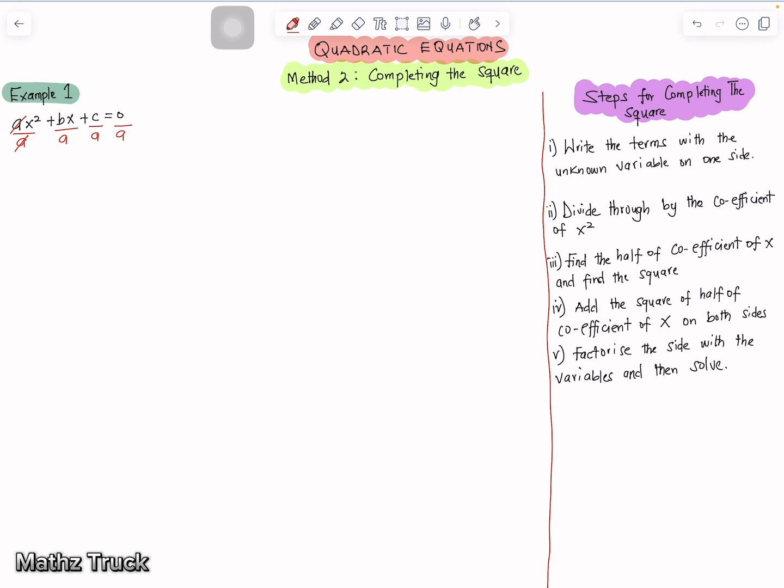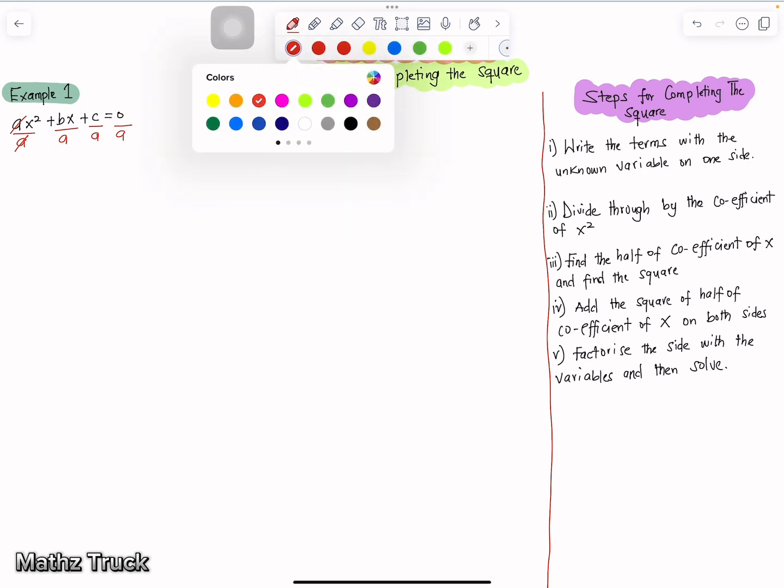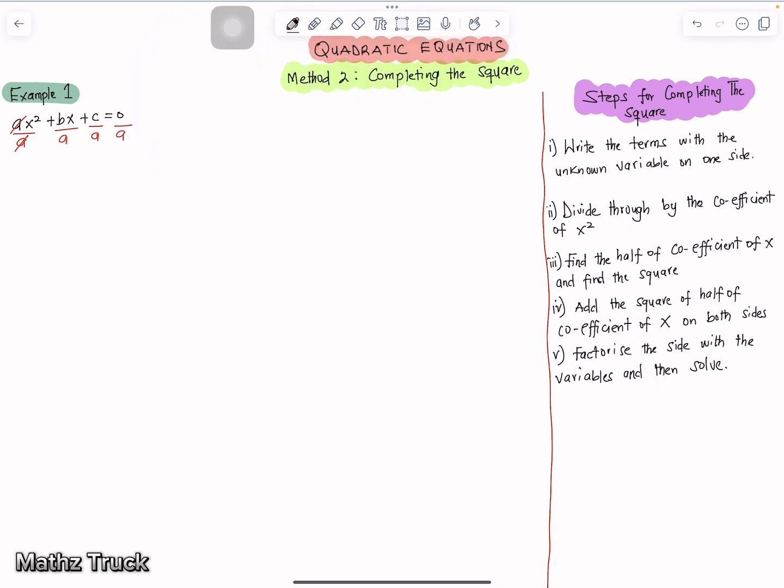Now we will have this expression as x squared plus bx over a plus c over a equals 0. Now we can take the c over a to the other side of the equation without x, grouping the like terms. So those without x on one side, those with x on the other side.